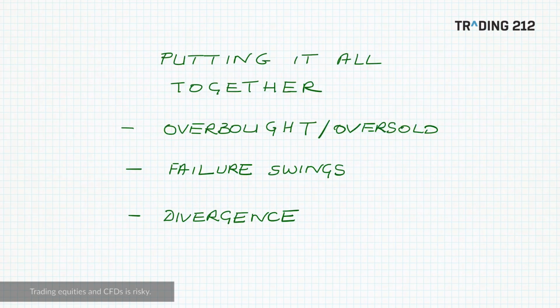In this and the previous two videos, we've looked at 3 different ways of interpreting the RSI, and they basically all have the same aim, namely signaling reversals. We've looked at overbought and oversold signals as indications of tops and bottoms. We've looked at failure swings as further indications of market reversals. And today we looked at divergence between price action and the RSI.